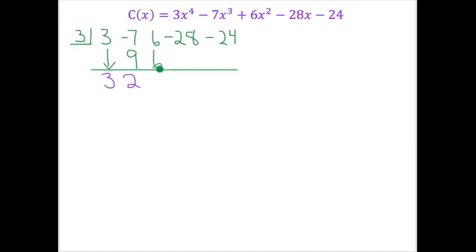And then we add vertically. 6 plus 6 is 12. Then we multiply diagonally. 3 times 12 is 36. Then we add vertically: -28 plus 36 is going to give us 8.